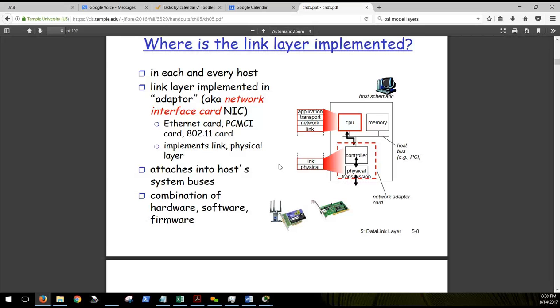The card attaches to the host's system bus, and a combination of hardware, software, and firmware then perform the upper layer portions. That's why the data link layer consists of two parts.